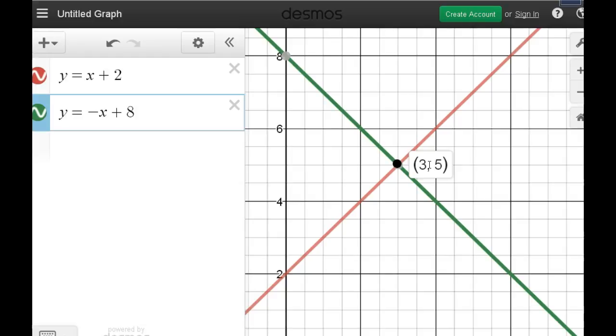And there could be a lot of different applications in real life for these things. Basically, any company has to have at least these two lines. One for how much money you're making, and one for how much money you're spending. And as long as the making money is more than the spending money, you're staying in business. If you spend more than you make, then you go out of business.